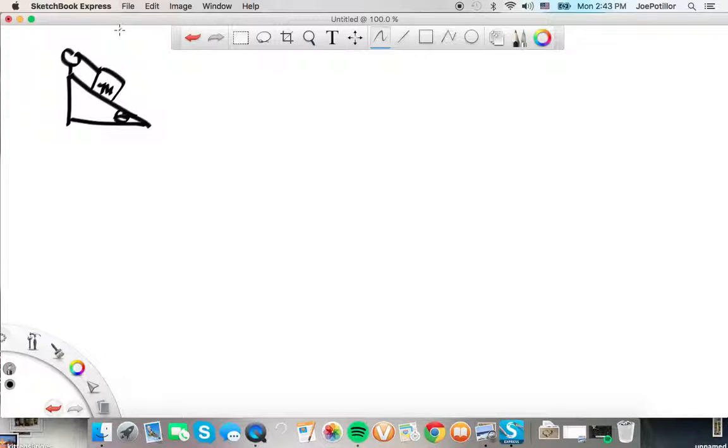Rotating it so that the axis is along the slope, the axis looks like this. mg is at an angle like this. Theta is the angle right here. And this is mg x, and this is mg y.